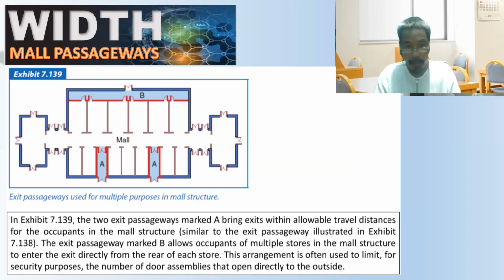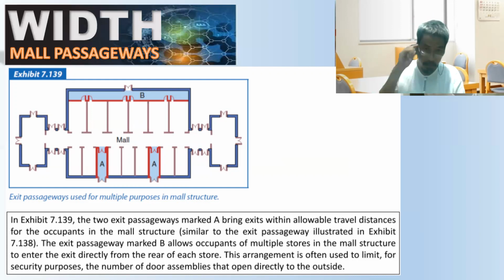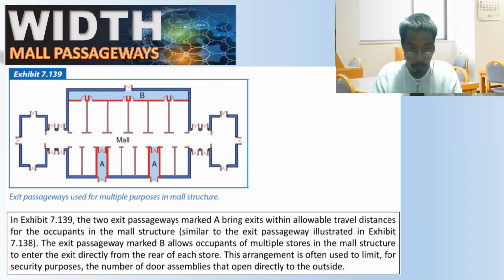The exit passageway mark B allows occupants of the multiple stores in the mall structure to enter the exit directly from the rear of each store. So there are stores on the back side, and you can utilize that exit passageway B to directly discharge them from the rear part of each tenant store.